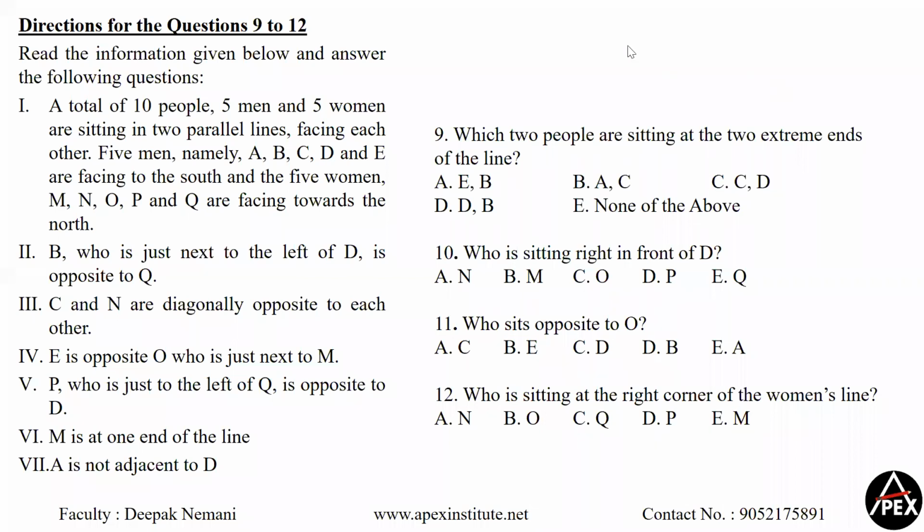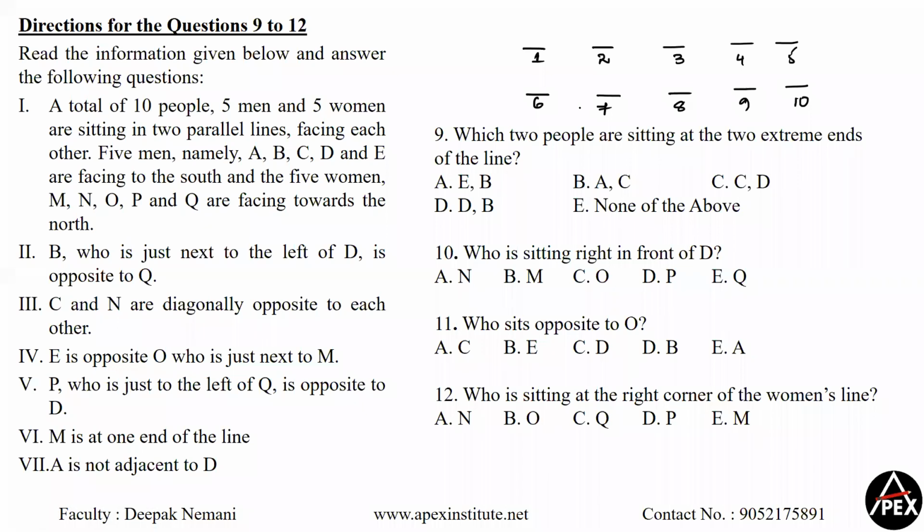Now let us say, for example, the places are 1, 2, 3, 4, 5 and 6, 7, 8, 9, 10. What are the diagonally opposite places here? 1 and 10, and 5 and 6.